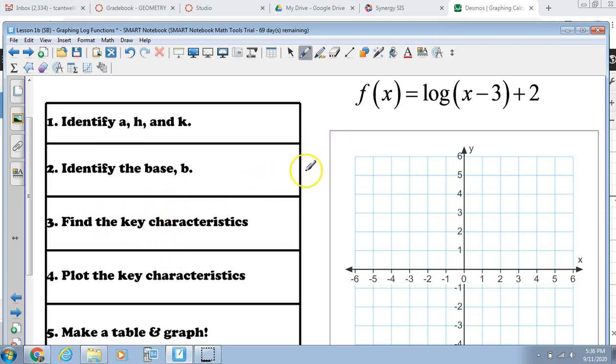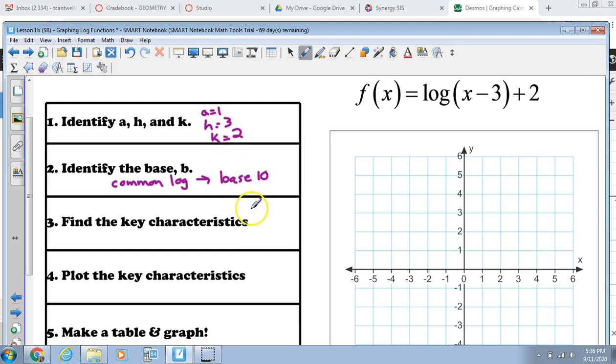So let's go ahead and graph this function. f of x equals log of quantity x minus 3, plus 2. All right, identify our a, h, and k. A is just 1, h is 3, k is 2. Our base here, since we don't have the letters ln, that's a common log, which is base 10.